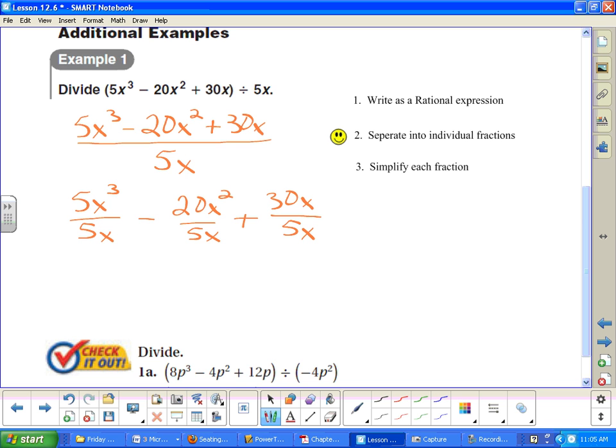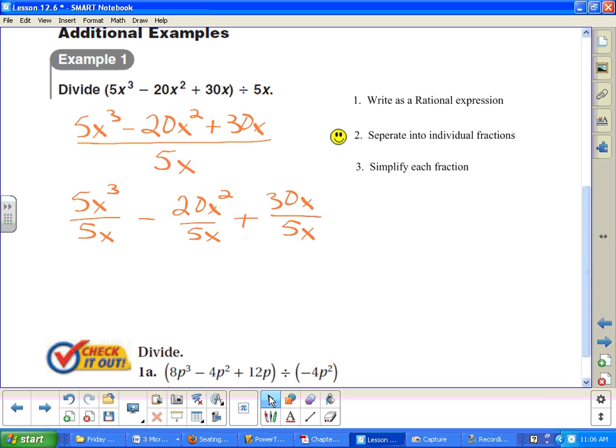So that denominator is a common denominator. Since it's a common denominator, I can either write it all over that denominator, or I can pull it apart and write it as separate pieces over that denominator. Well, now look at these fractions I have. I have three separate fractions. They can all be simplified. And that's all we need to do then.